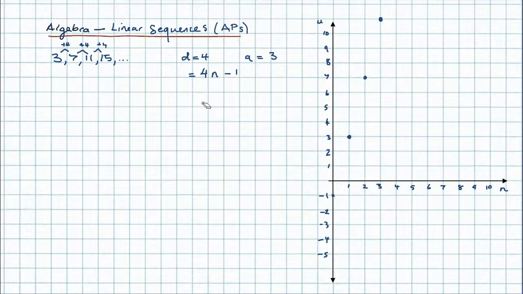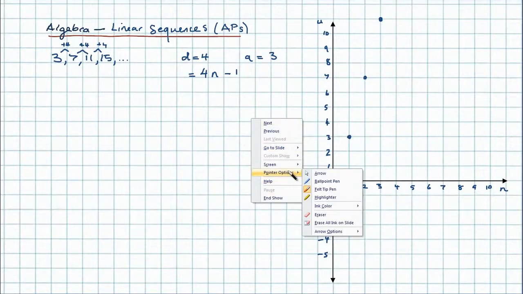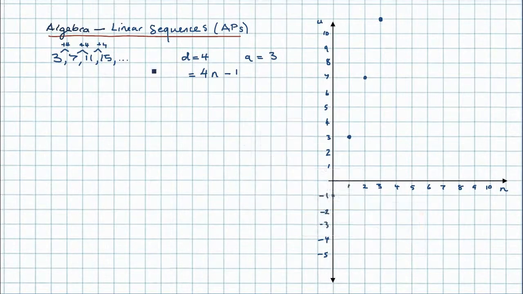So we say either u sub n, or we might just say the term-to-term rule, or the nth term. But the function, anyway, is 4n minus 1. That's the important bit.